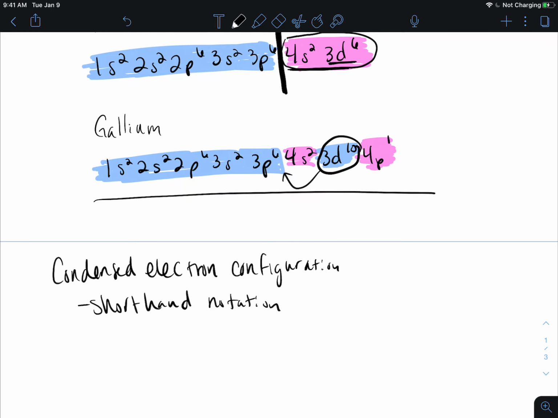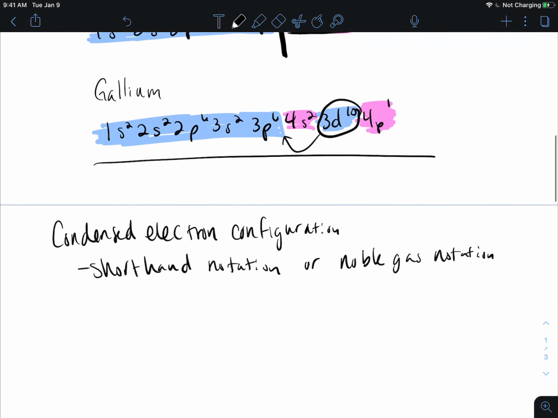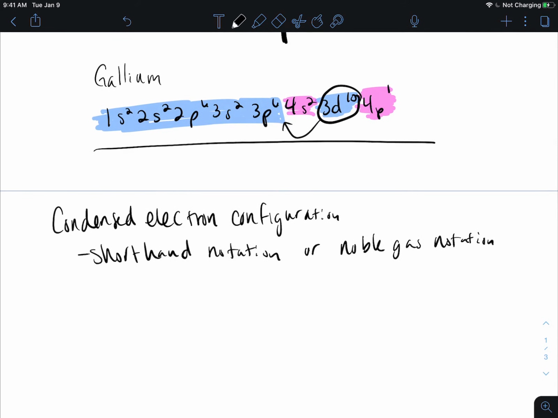So instead of writing all of this out, we have a shorthand notation to make it a little bit simpler. What we do is we use our noble gases. So let's look at gallium again. We're going to go to the row above it and look at what noble gas is at that row.